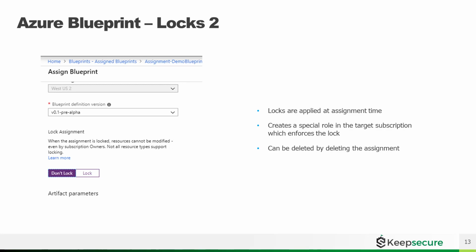Because deny assignments can only be created by Azure, removing the locks requires removing the assignment of a blueprint to a target subscription. Resources will not be deleted, but the permissions enforcing the locks will be. Please note that you may have to wait up to 30 minutes for locks to become fully effective on the target subscription.